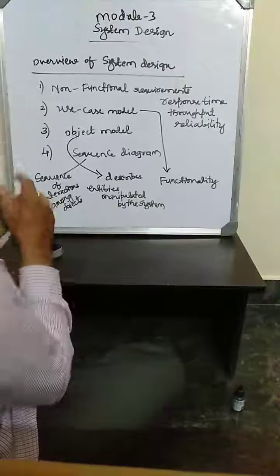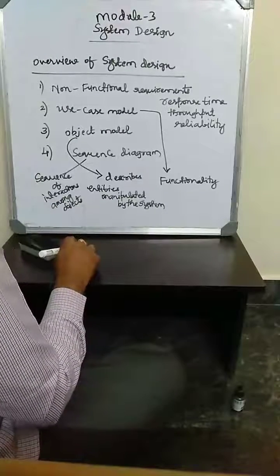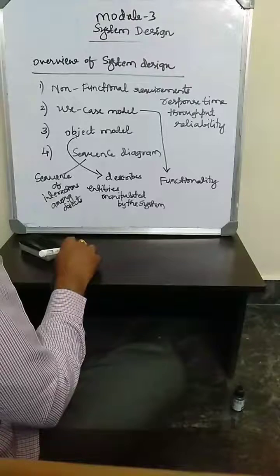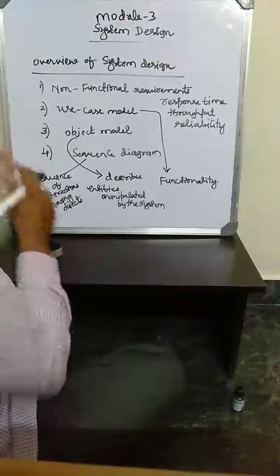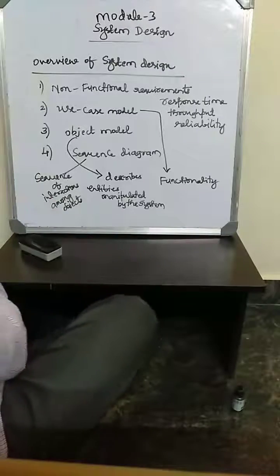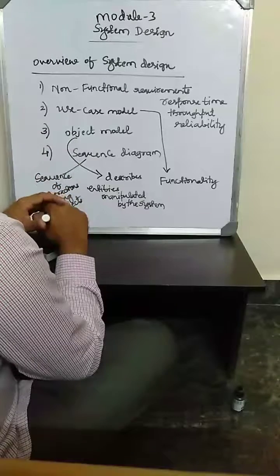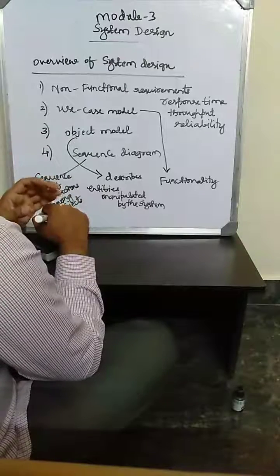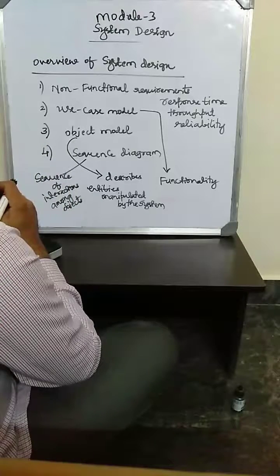So, understanding the overview of the system design, we have non-functional requirements, which may be response time, throughput, or reliability. Then the use case model, which describes the functionality of each particular function done by the actors.